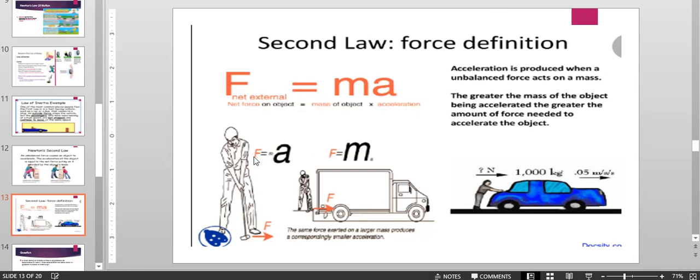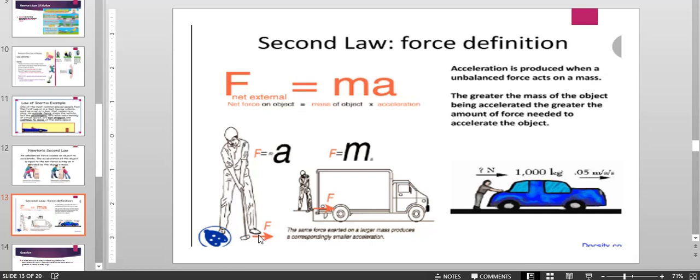As you can see here in these two instances, this person is trying to move the small ball from, for example, position A to point B. As the mass of this ball is very small, the force applied on it will cause it to move with a greater acceleration.